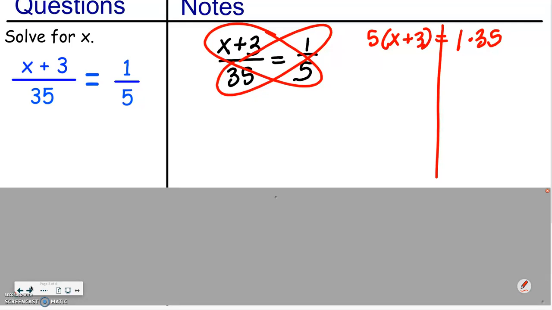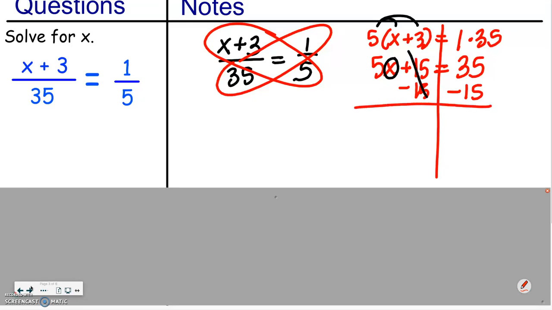So distribute, and you get 5x plus 15. And 1 times 35 is 35. Circle the variable, subtract 15. 5x is equal to 20 then. And then if I divide by 5, this one divides evenly. So 20 divided by 5, x equals 4.